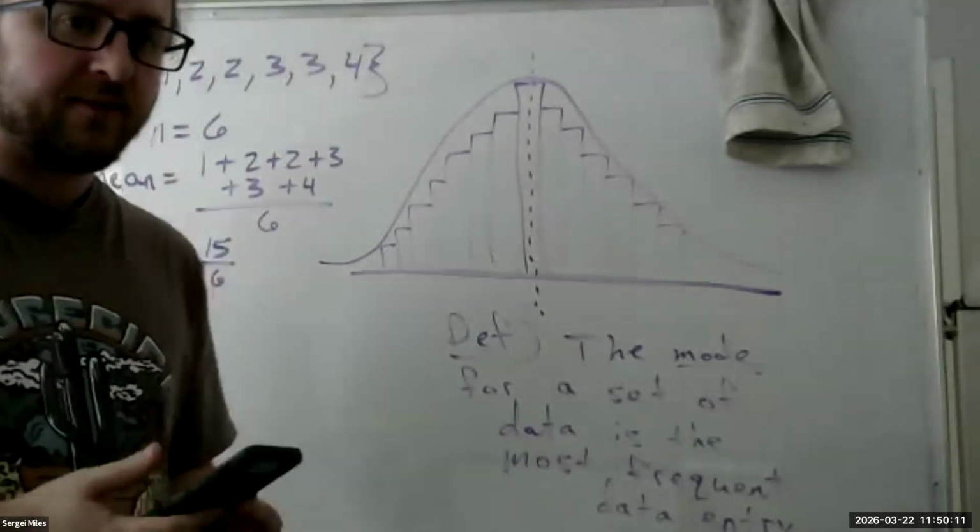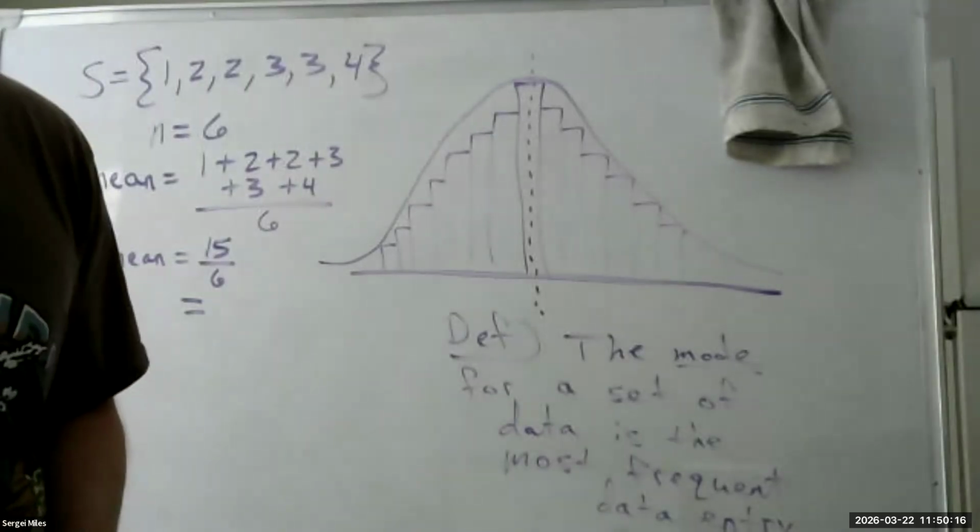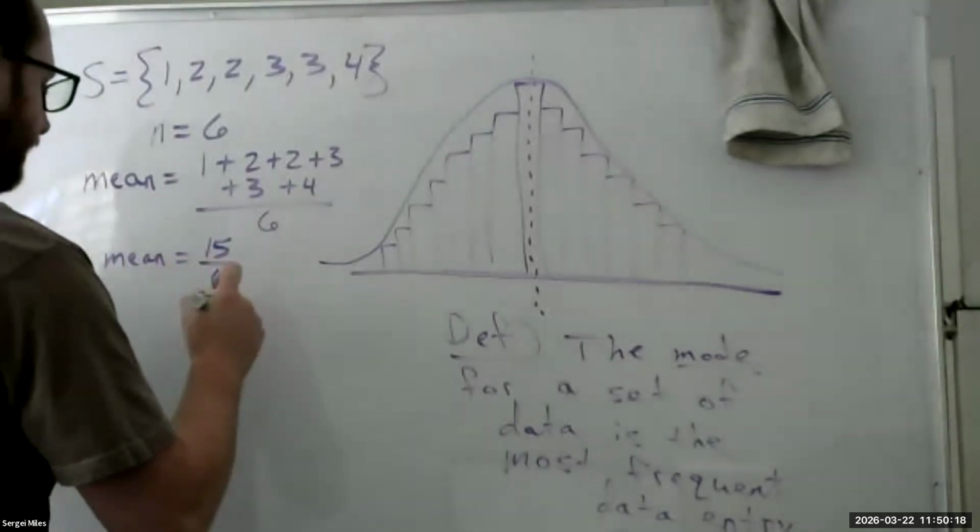Okay. So we go to the calculator, 15 divided by 6, and we get an answer of 2.5.